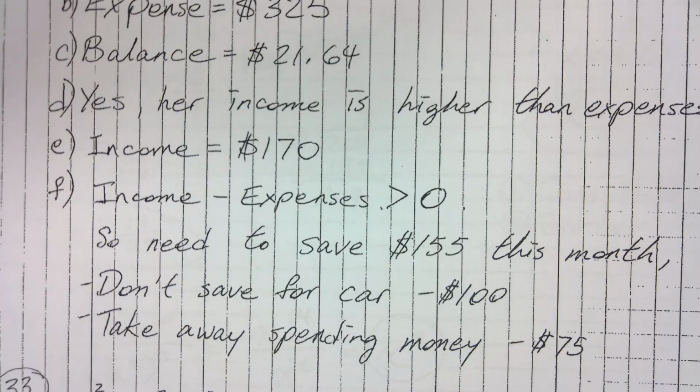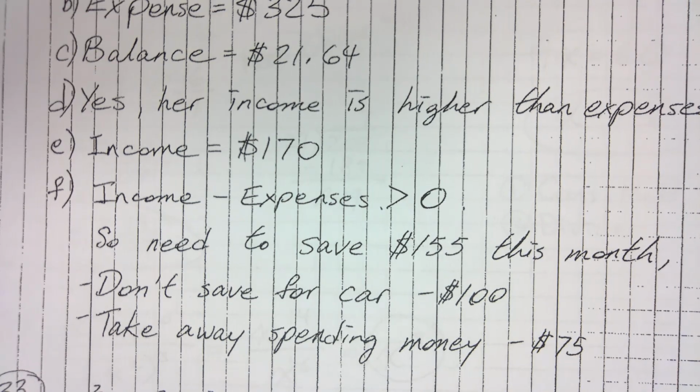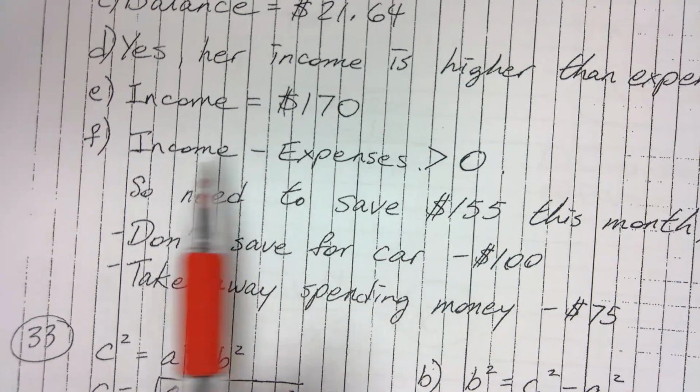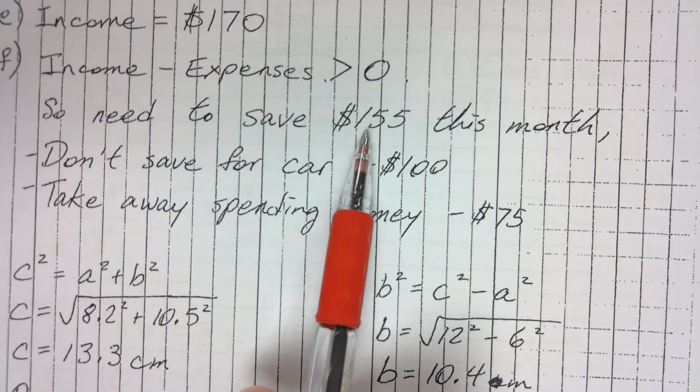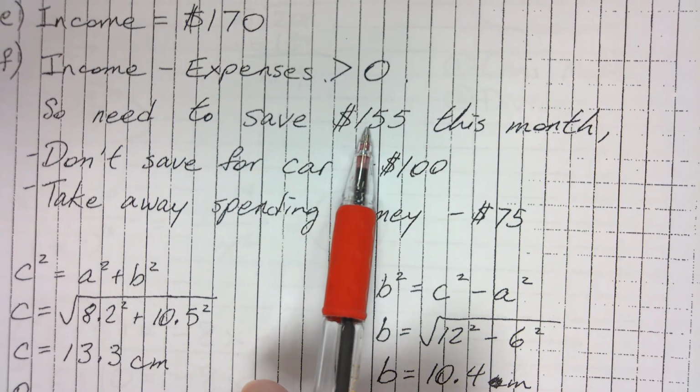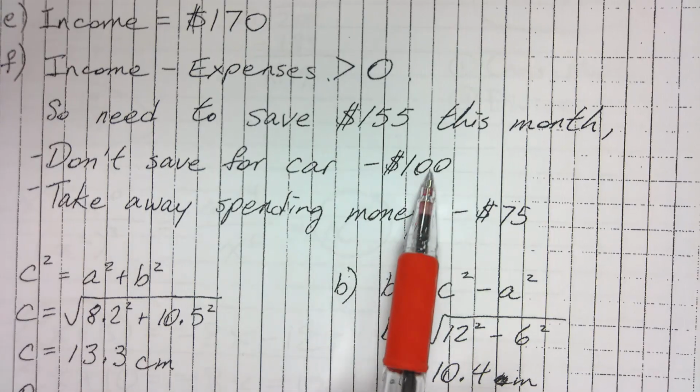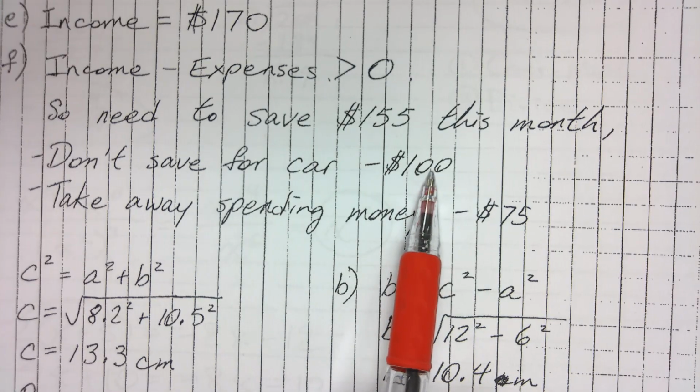Okay. And then lastly, how would you change her budget so that it's better for the month of May? Her expense is now lower than her income, so she has to save an extra $155 somewhere. For example, don't save up for the car. That will save her $100.